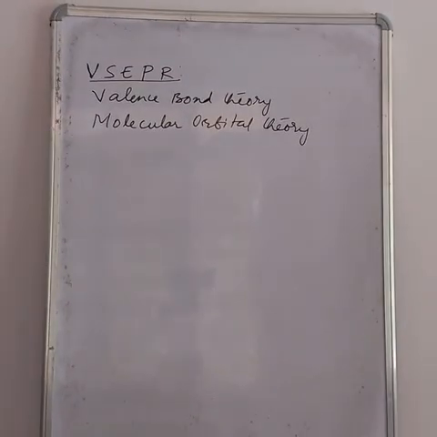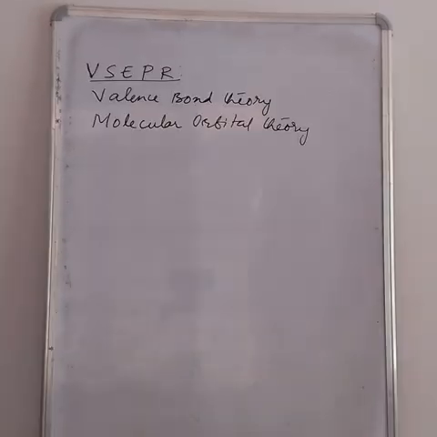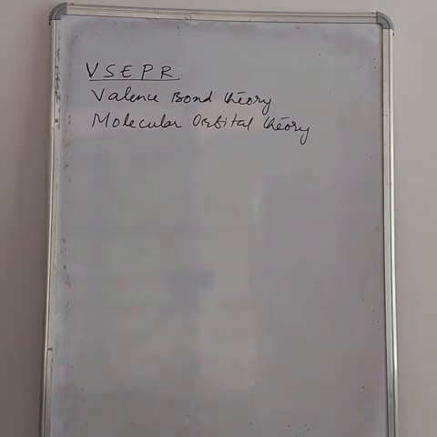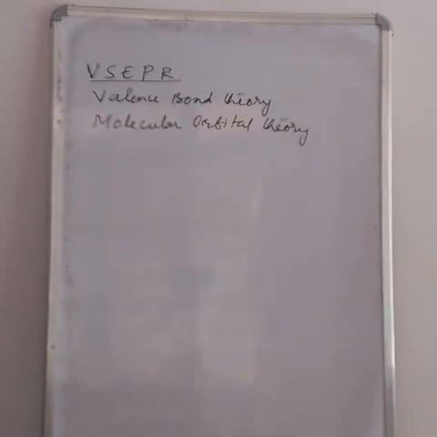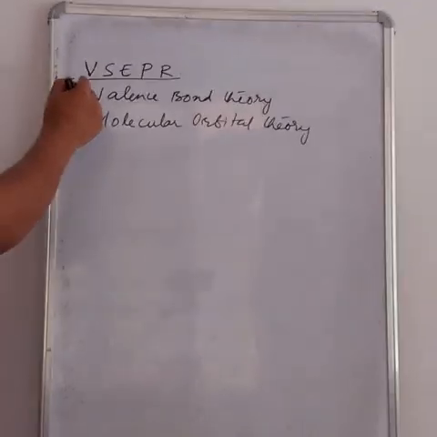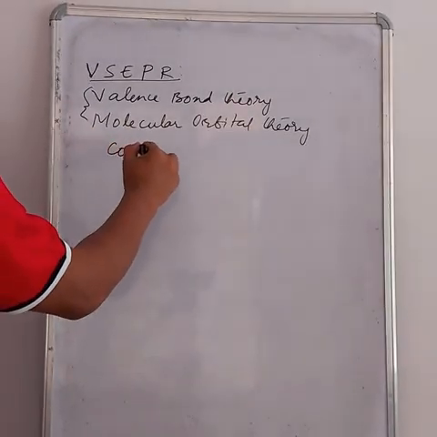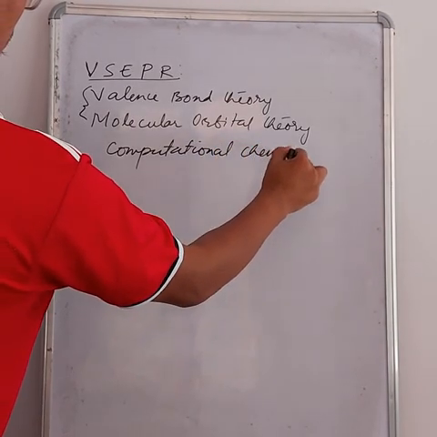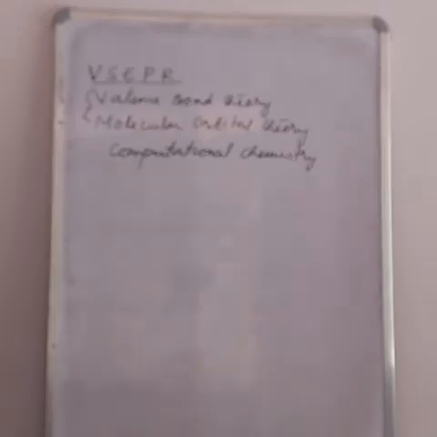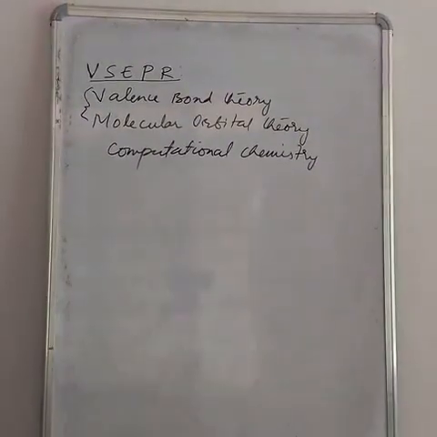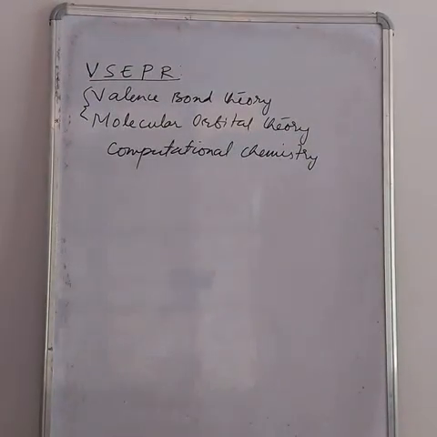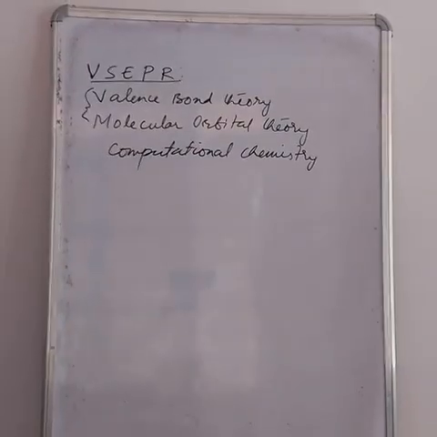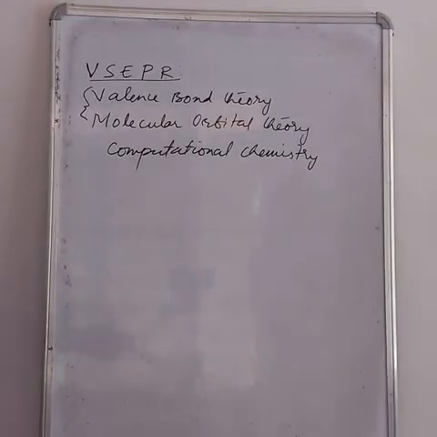Now, before moving on to valence bond theory and molecular orbital theory, I want to share something. These valence bond theory and molecular orbital theories are usually used for computational purposes in computational chemistry. This is where you plug in all the information of bond lengths, bond densities, electron density, everything, into a computer, and then it'll try and generate the whole molecule.